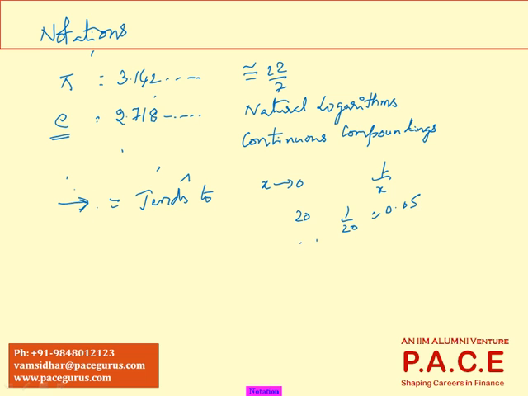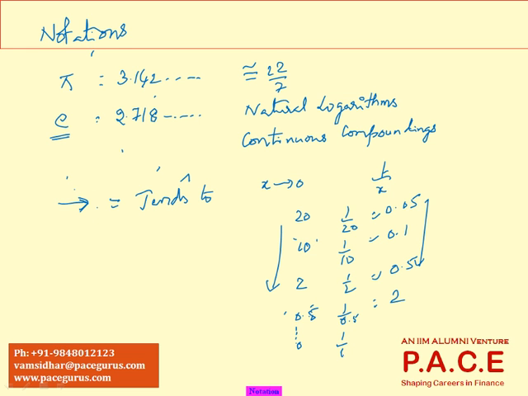Let's say it comes to 10, 1 by 10, which is 0.1. X is 2, 1 by 2, 0.5. X is 0.5, 1 by 0.5, which is 2. As x is decreasing, 1 by x is actually increasing.